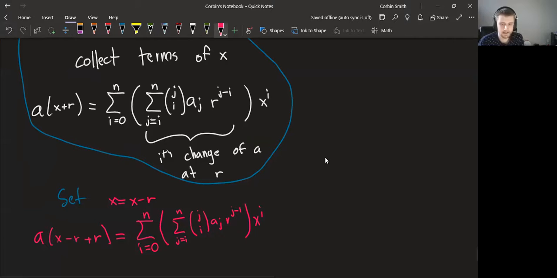This is also equal to just a of x because the r's cancel out.